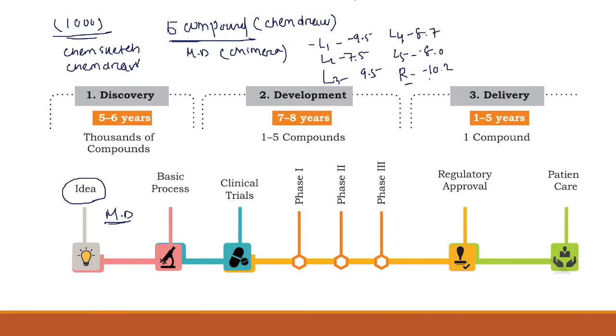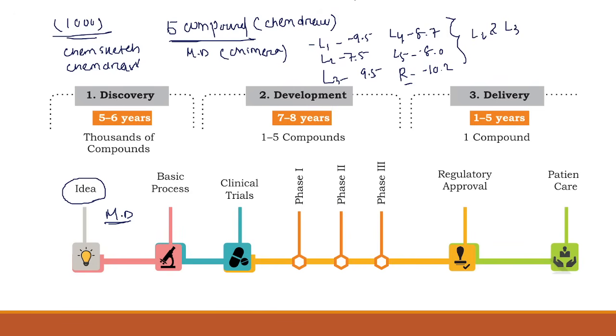Listen carefully to all these things because it is very important for you. So from these five compounds, we select two compounds for further screening, that is L1 and L3.